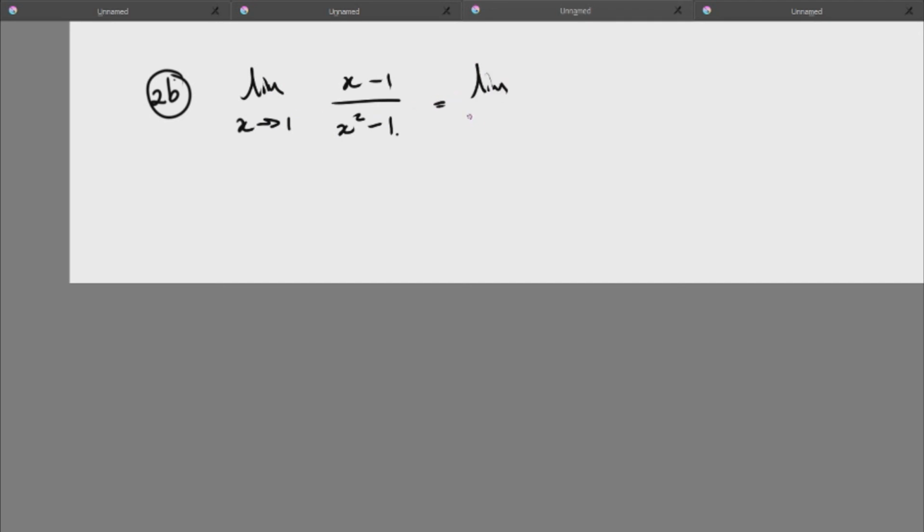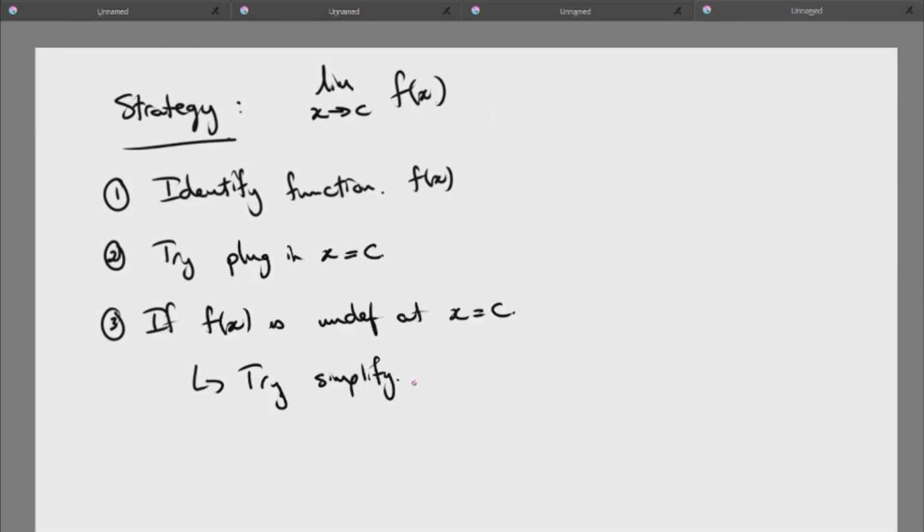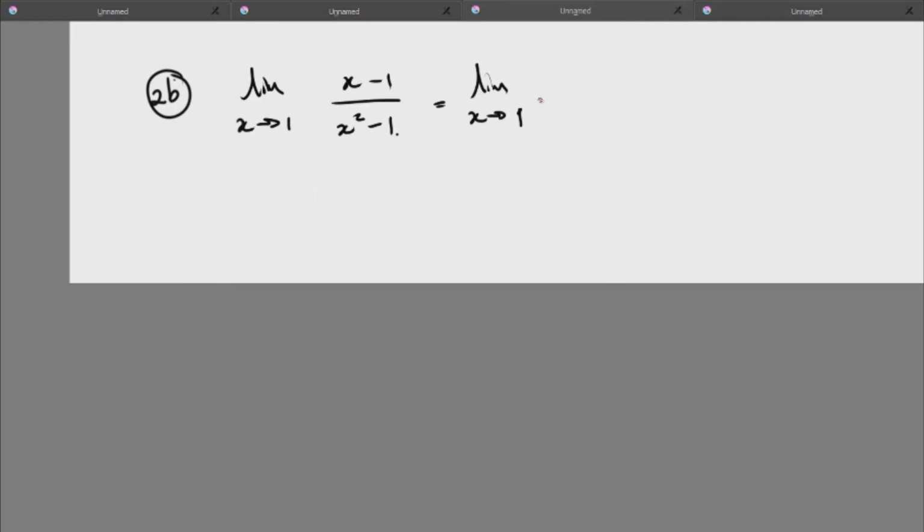So I am going to simplify, and that could be by way of factoring. Depending on the function, simplify will mean different things. In this case, I have an x minus 1 at the top. I can factor the bottom as the difference of two squares, x plus 1, x minus 1.